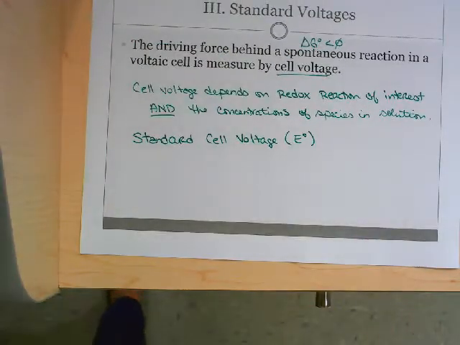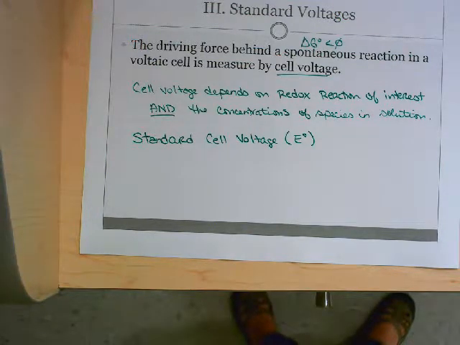So if I have something called standard cell voltage, and I put that little superscript circle up there, what does that automatically tell me about the temperature that I measured it at? Right, it's going to be room temperature, 298 Kelvin. What does it tell me about the pressure of the atmosphere? 1.